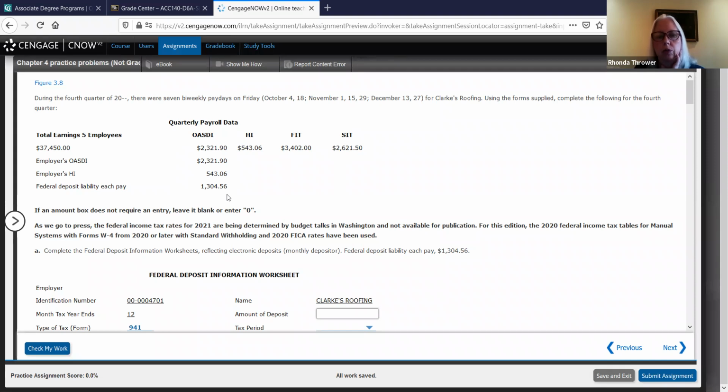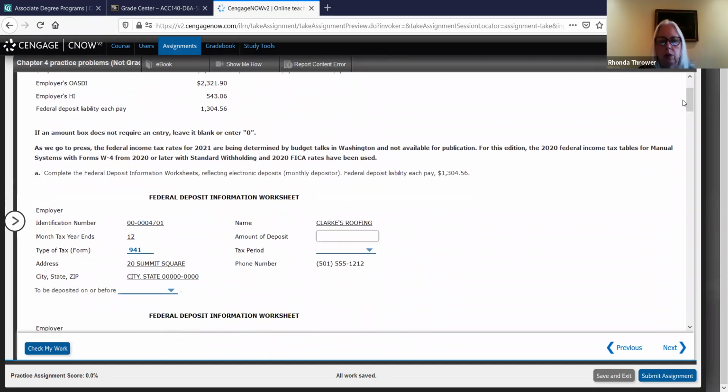All that's been included for you here. So what you have to do is multiply the federal deposit tax liability for each pay period times 2 pay periods for the month of October. So if you will put in $1,304.56, and since there are 2 pay periods, I'm just going to multiply that by 2. That will give you the total amount of the deposit for the month of October.